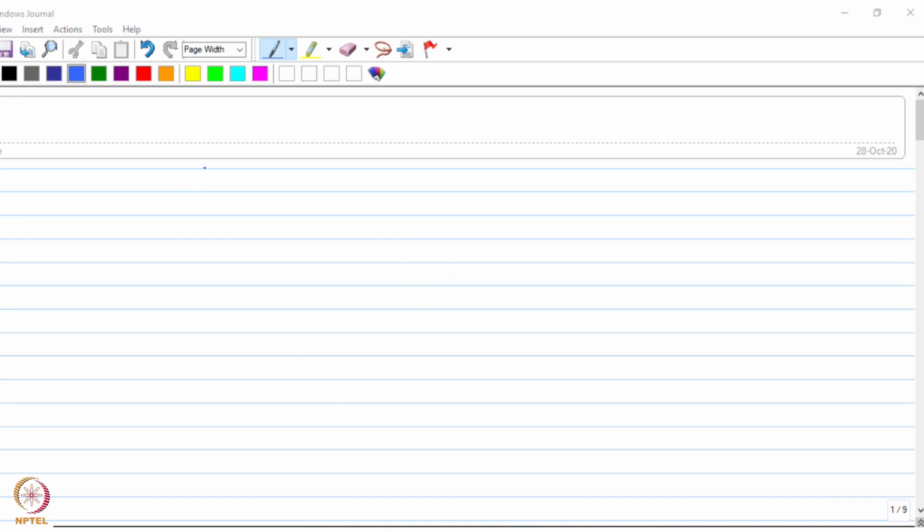So, there are two things which are to be considered with regard to that. One is wetting of the particles by the metal. When you add these particles into the liquid melt, whether the surface of the solid particles is wetted by the liquid or not, that is very important, okay?